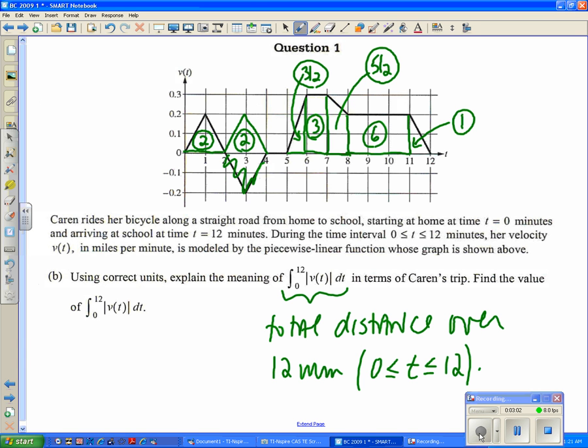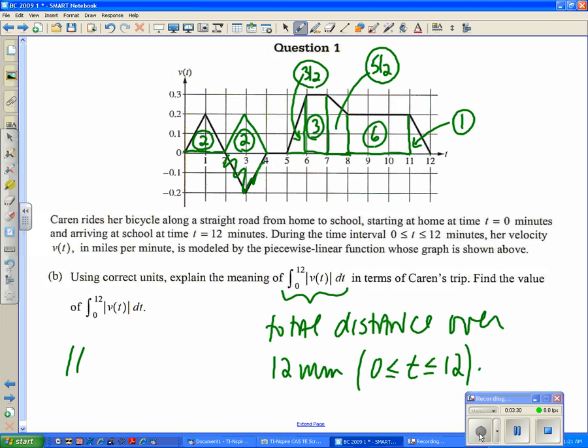So if we add all these values together, we can find the total distance traveled. And the total distance traveled is 2, 4, 10, 13, 14, 14, and 4 more will make 18. And this is 18, but each one of these boxes represents 1/10.